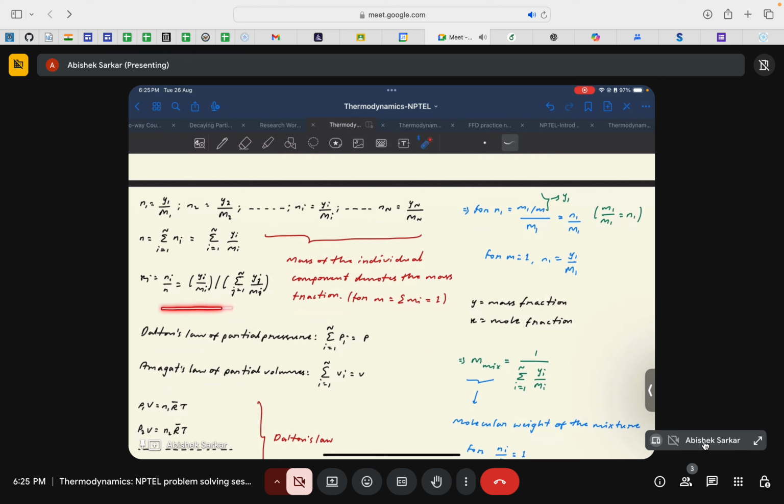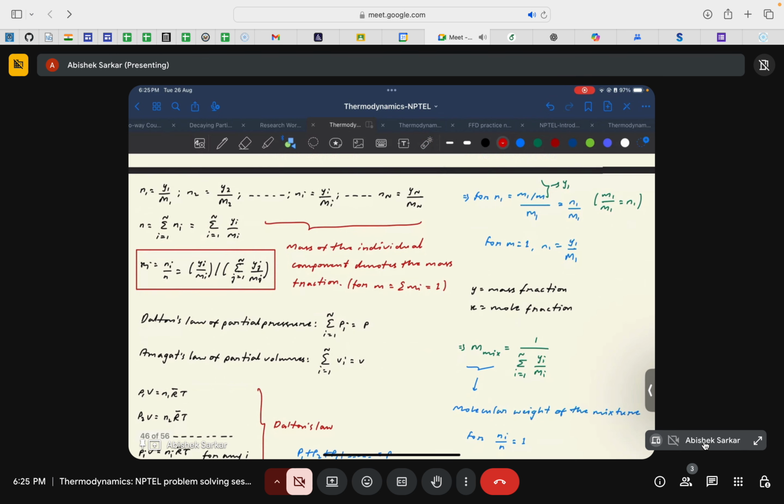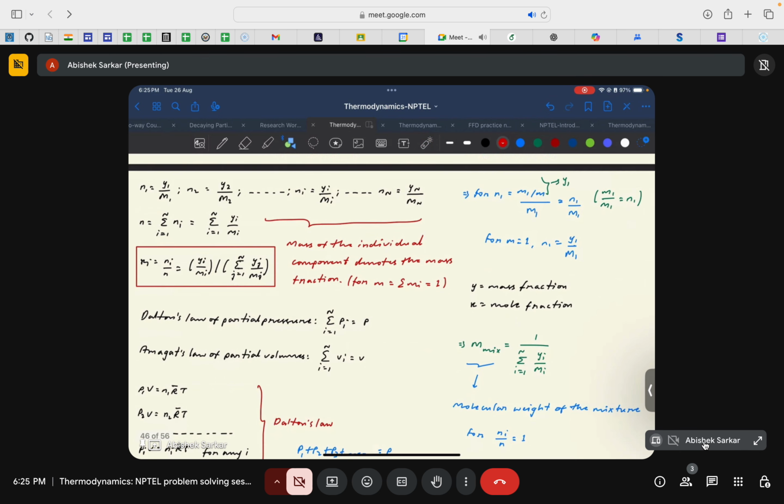So this is again one important relation. I think I should put it in a red box so that you know it's an important relation. We'll use this to obtain one more important relation. Let us look into it.